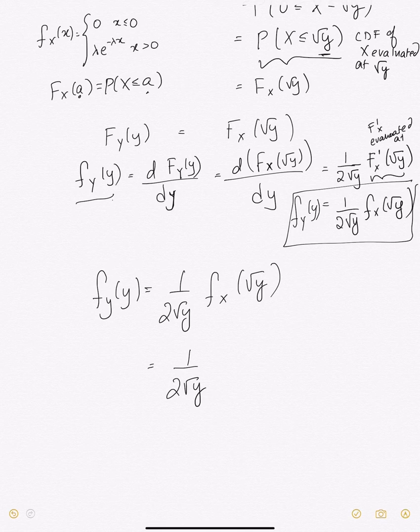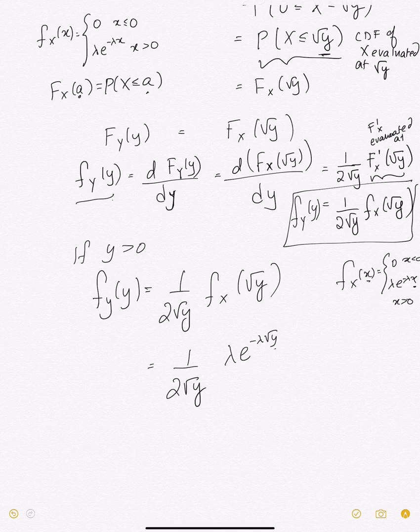And so you have that if y is bigger than 0, you have this. What is the density of X evaluated at square root of y? Well, f sub X of x is 0 if x is less than 0, and lambda e to the minus lambda x if x is bigger than 0. So we want to evaluate it at square root of y, so we have a square root of y over there.